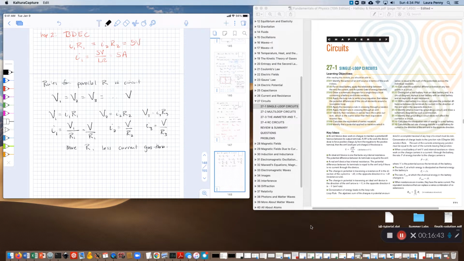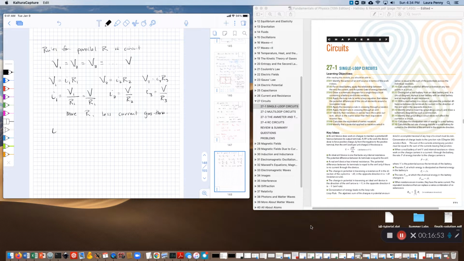Because it has a choice. The current has a choice, and it says, why would I go through a higher resistor if I can go through a lower resistor? And in a parallel circuit, it has that option. The total amount of current that comes out is the voltage of your source, or your EMF, which is really what we're calling this V, over the equivalent resistance.